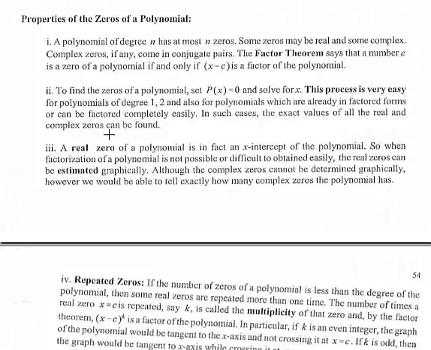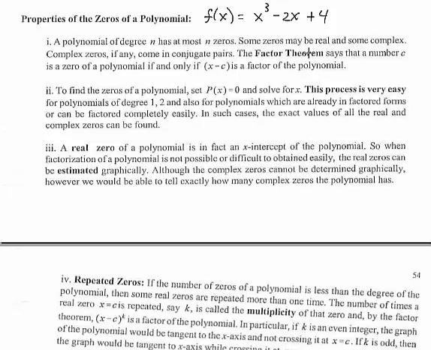So what are some properties of zeros of a polynomial? A polynomial of degree n has at most n zeros. So for instance, if I wrote f of x equals x to the third minus 2x plus 4, the most zeros that I could have for little f would be 3.